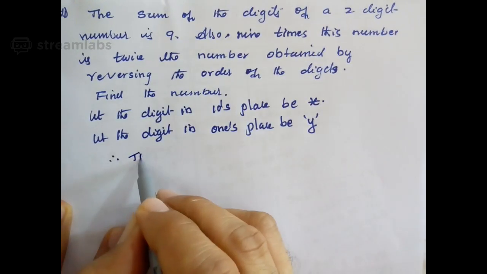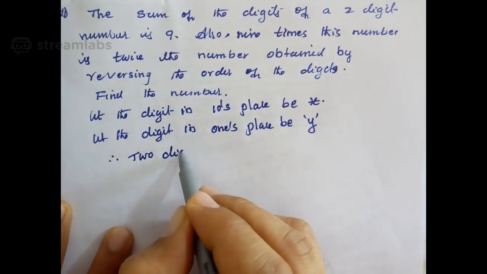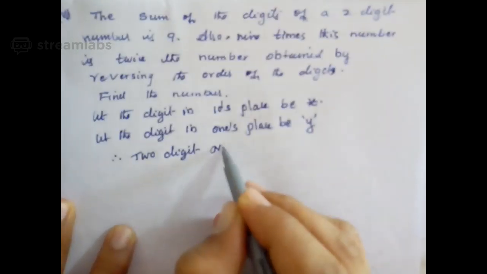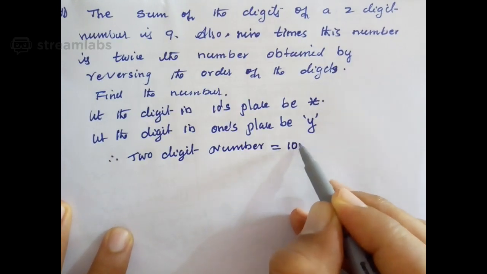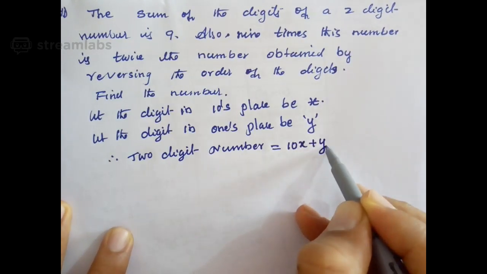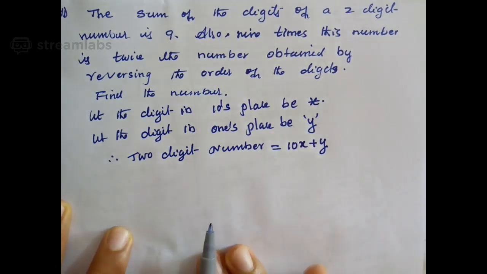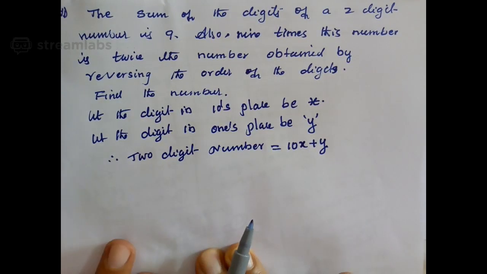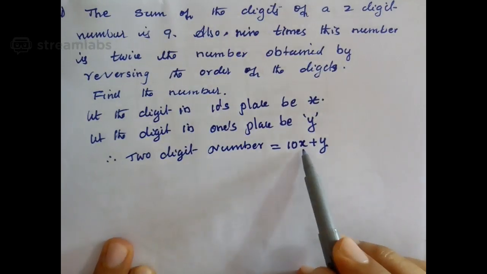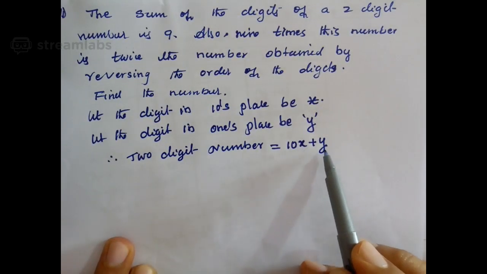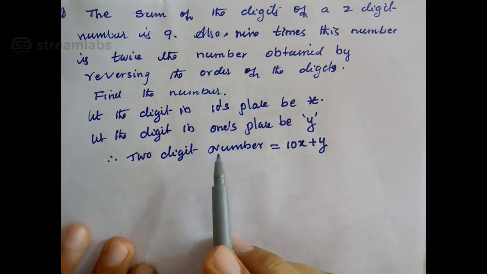Therefore, what is the two-digit number? 10 into x plus 1 into y. Therefore, the two-digit number is 10x plus y, if x is the digit in tens place and y is the digit in ones place.